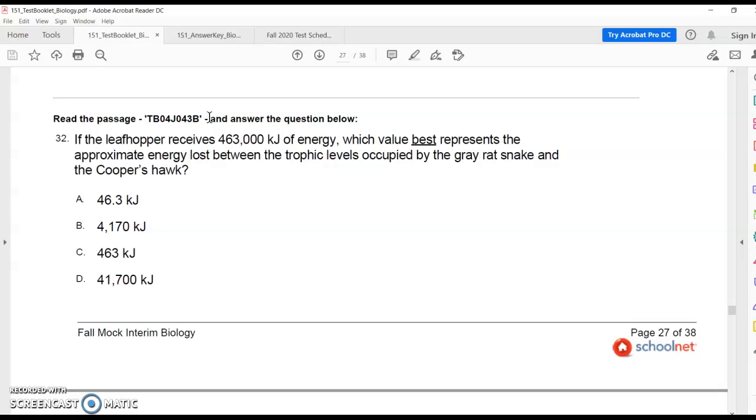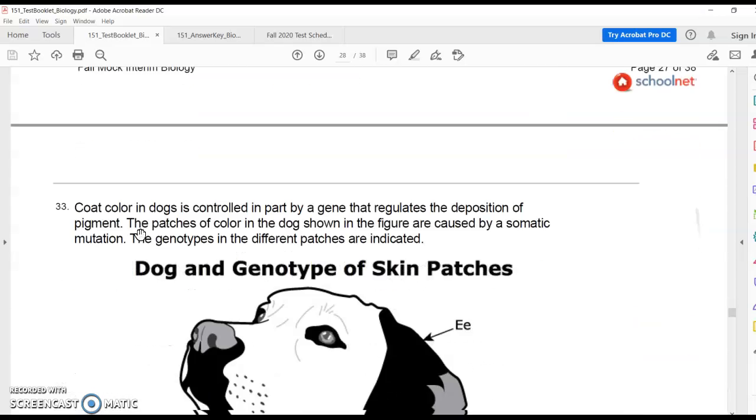And when you subtract those two, you get 4,167, which B best represents at 4,170. So B is the correct answer there, because that's the difference, or the amount of energy lost between just those two species of the gray rat snake and the Cooper's hawk.